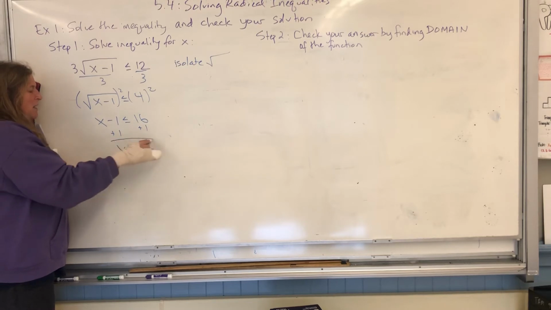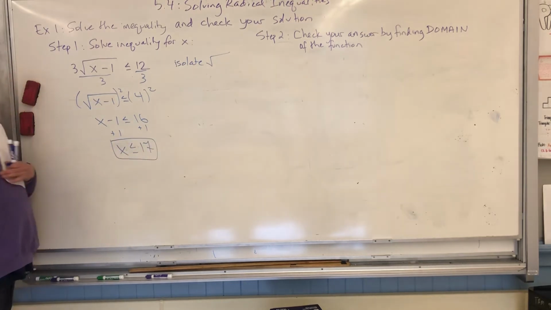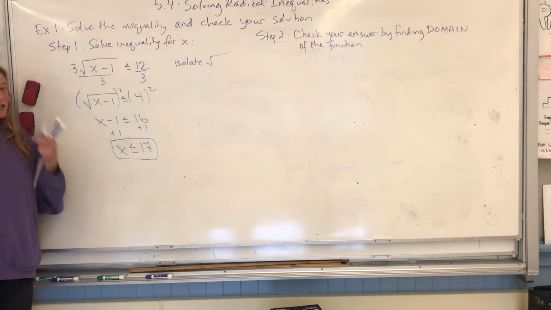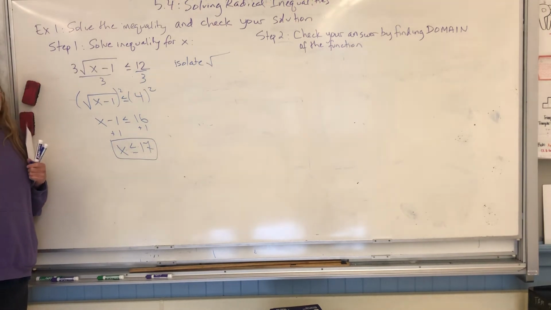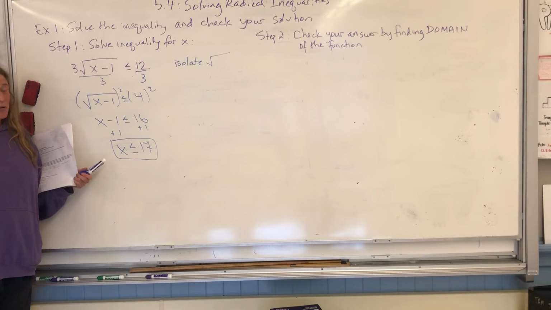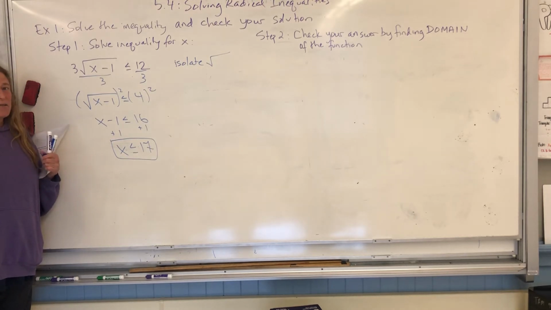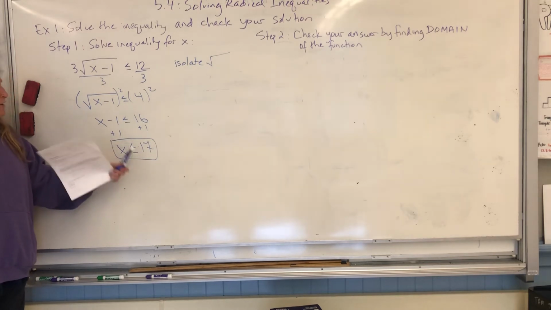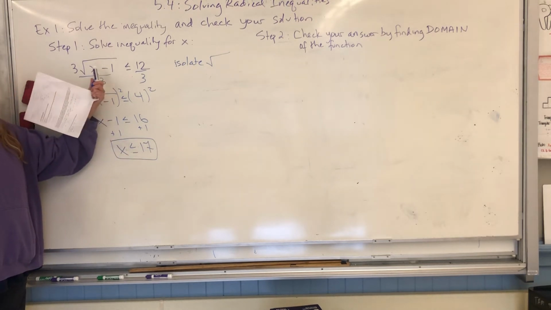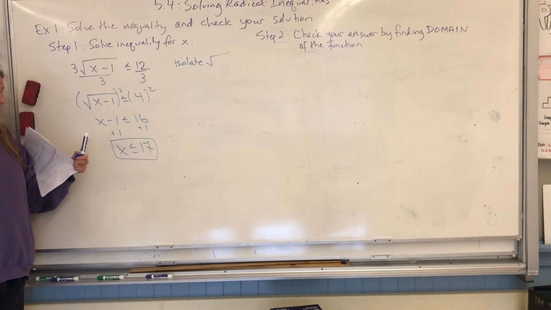Okay, guys, I'm hoping you see why I can't check every solution. I'd be sitting here for my entire life trying to check every number less than or equal to 17 because those go all the way to negative infinity. So I can't just start plugging numbers in here. That's not going to make any sense.